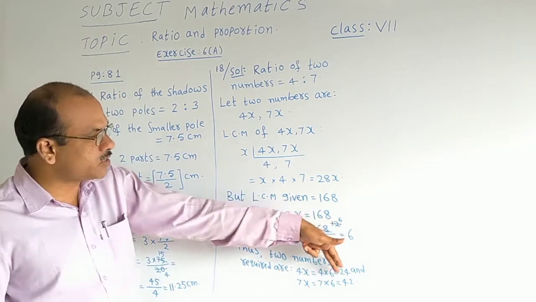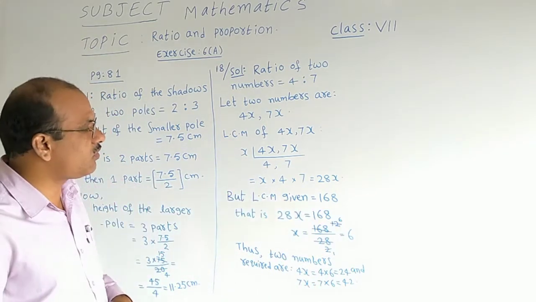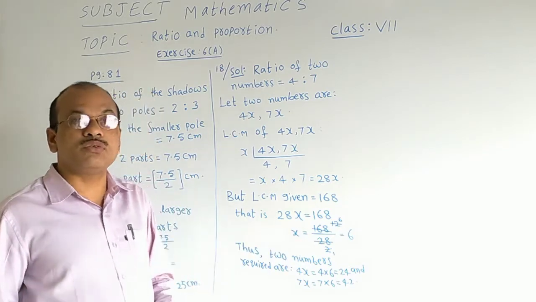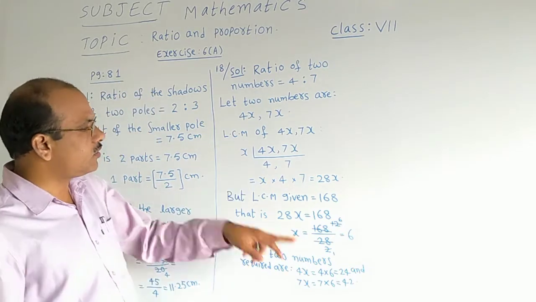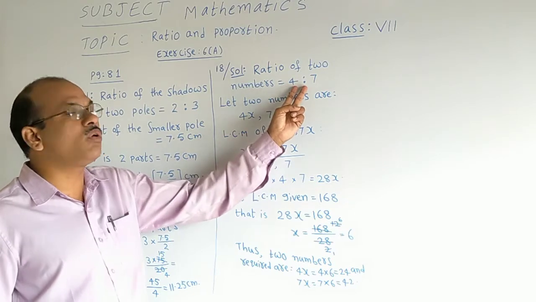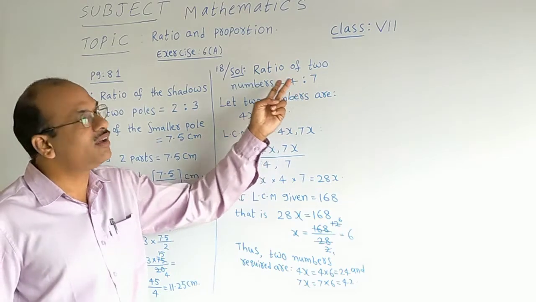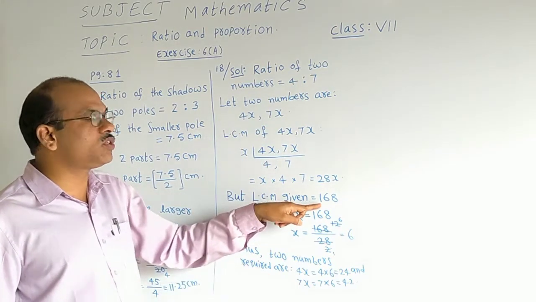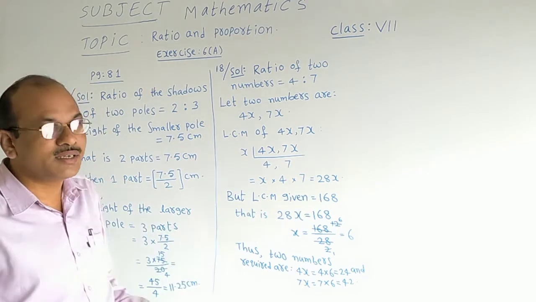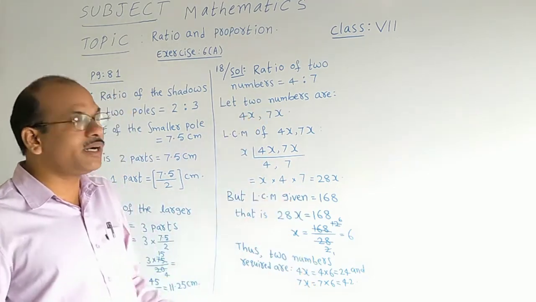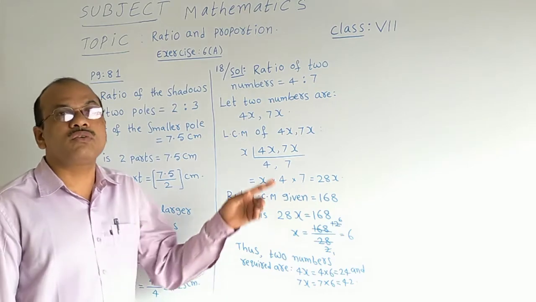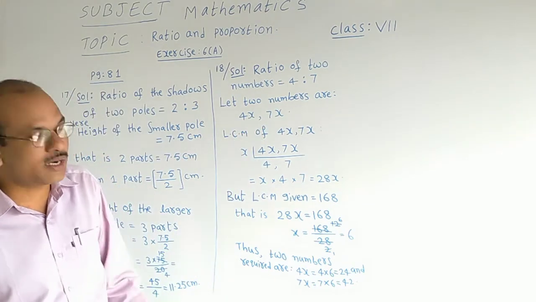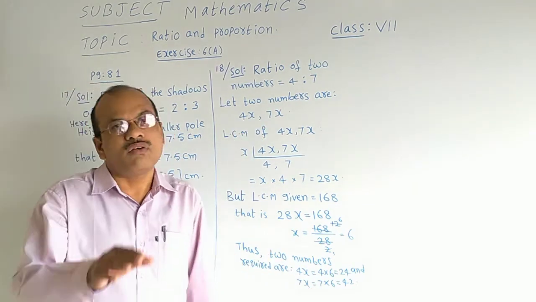Now the numbers we actually need are 24 and 42. Then only those two numbers will give the ratio 4:7, and their LCM gives you 168. So the required numbers to fulfill the given conditions are 24 and 42.